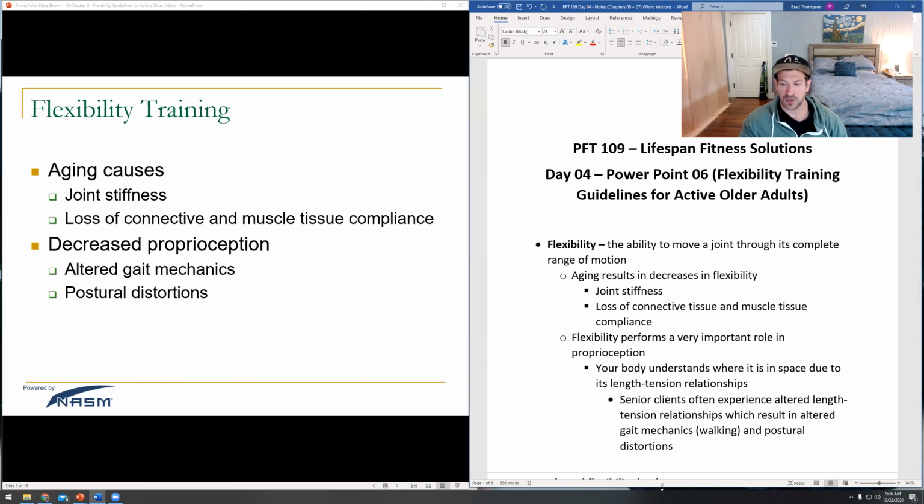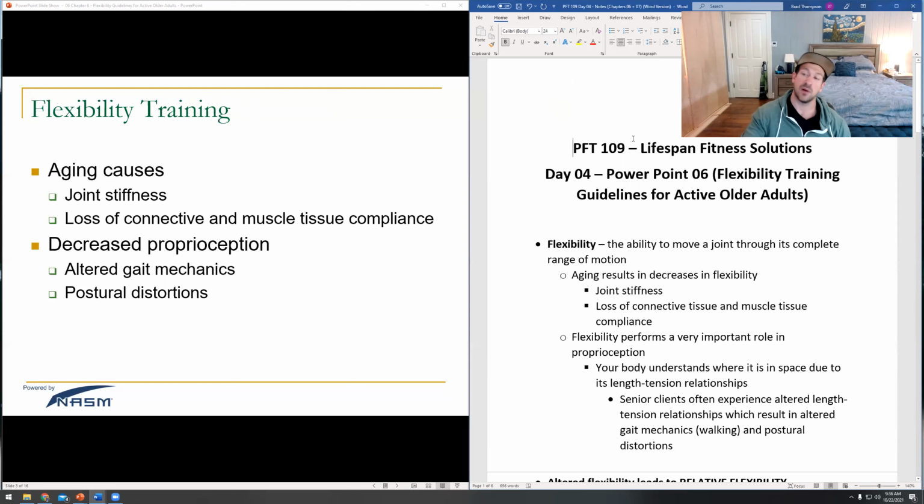So for instance, your elbow should be able to flex to X number of degrees, and then it should be able to extend to a certain other number, right? Now, if we have decreased flexibility, that is going to decrease our ability to move the way that we're supposed to, right? As we get older, we experience joint stiffness, we experience a loss of connective tissue and muscle compliance, things start to get stiffer as we get older.